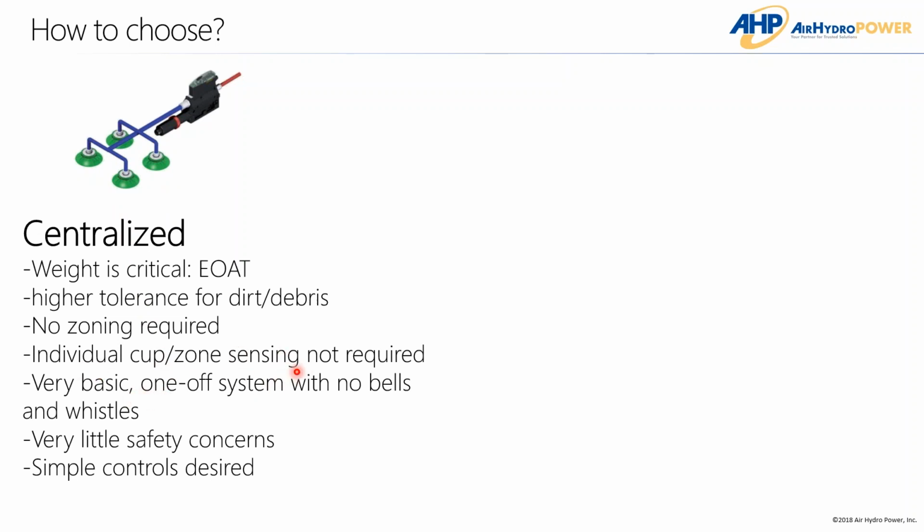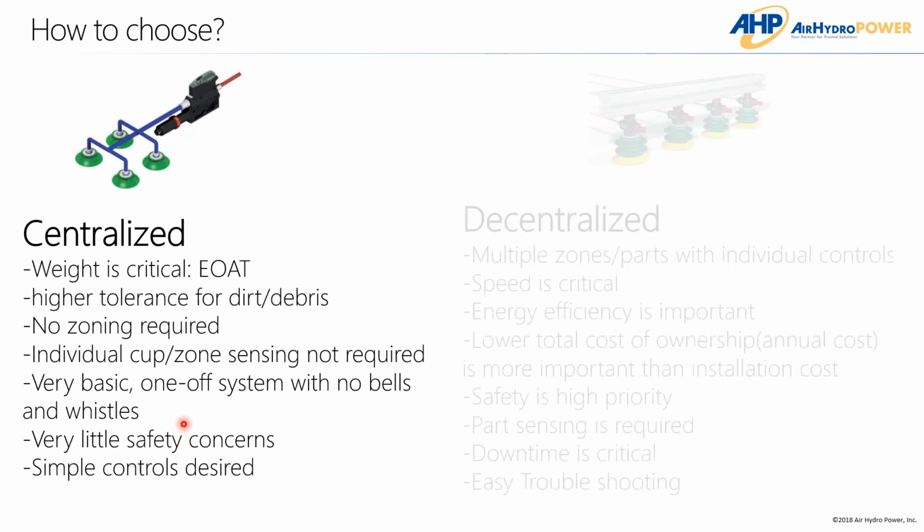Individual cup zone sensing is not required. It falls in line with this. Very basic one-off system, no bells and whistles. Little safety concerns. Going back to case packing and moving cardboards and case erectors, typically you don't have an operator standing right there, so safety is not a real concern, or dropping cardboard is not a concern. And then of course simple controls are desired.